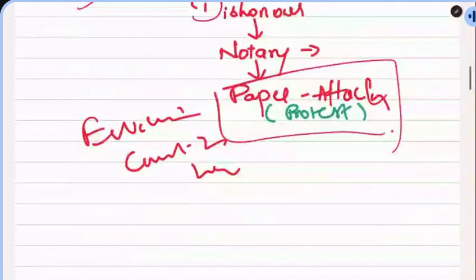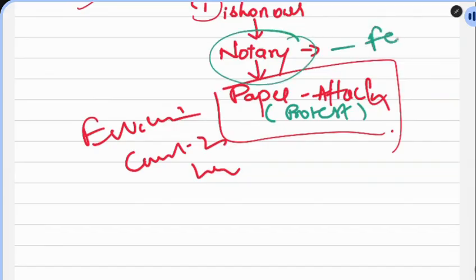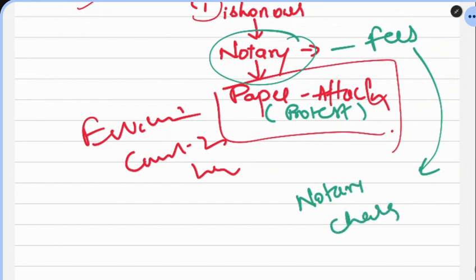And tell me whether a notary is a social worker. No. He will charge what? Fees. And these fees are called noting charges.